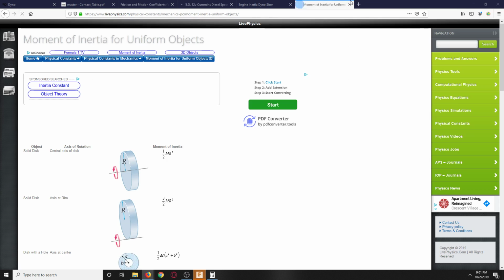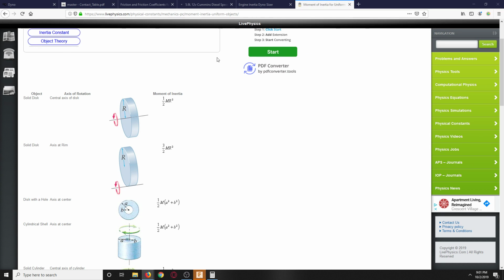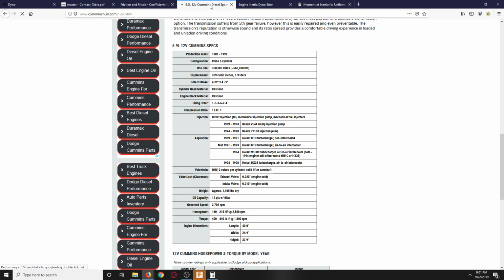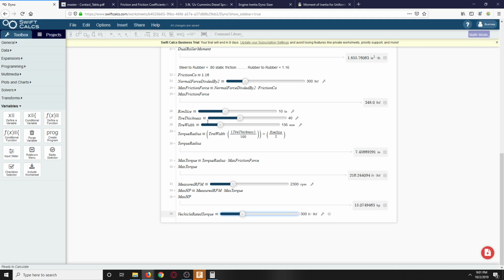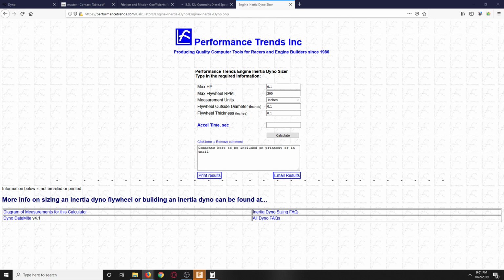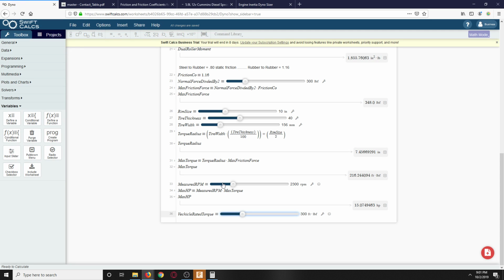We're going to use this moment of inertia and solve for this guy here, of steel, and we're going to use the same A36. I'm going to move this back so it's 1/2 mr squared, and we're going to solve for the outer diameter and the thickness. Then we're going to use that to look at how fast this thing would accelerate using our vehicle with the rated horsepower. We should probably also do vehicle rated horsepower here as well.